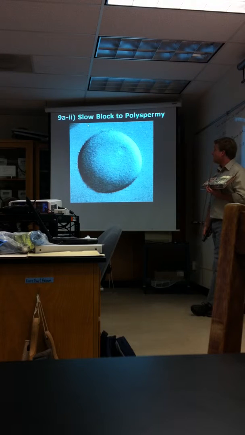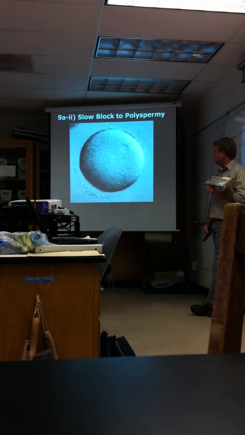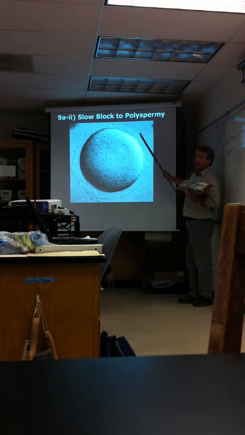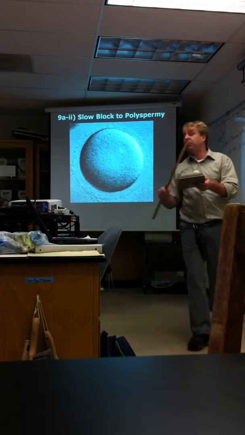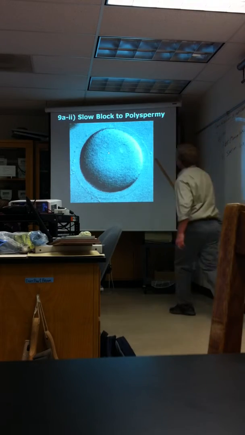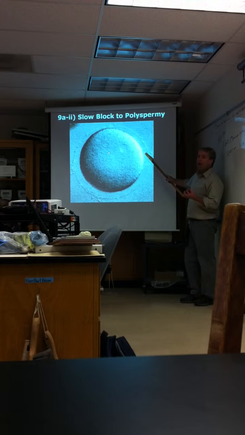Slow block is where that zona pellucida, the remains of the zona pellucida, will actually calcify. Let's say that this is the secondary oocyte, and then the zona pellucida will actually begin to calcify. And so it actually starts from the depolarization. The depolarization that occurs, which is the fast block, is going to cause the zona pellucida to calcify.